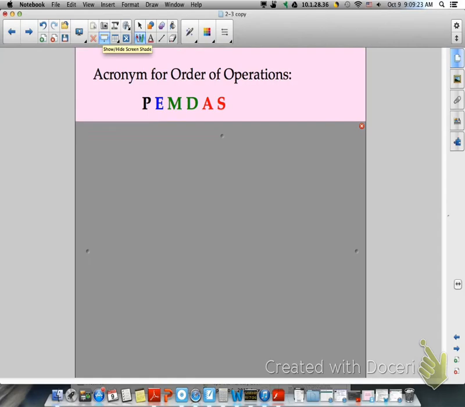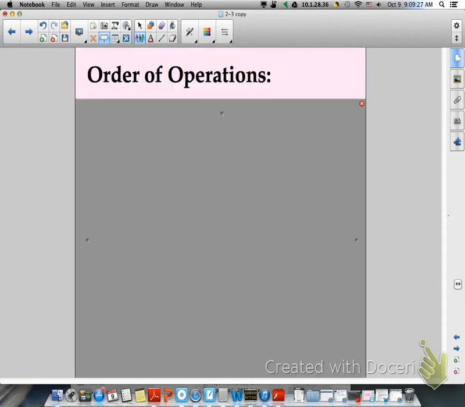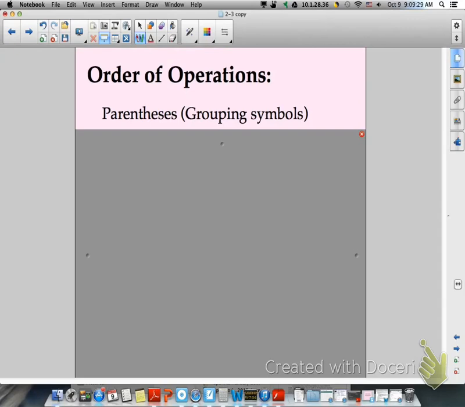P is for parentheses, or any grouping symbol. There are two other grouping symbols besides parentheses: the bracket, and then the double bracket. We'll talk about the other grouping symbols in 7th grade.